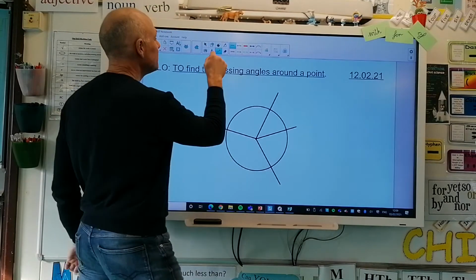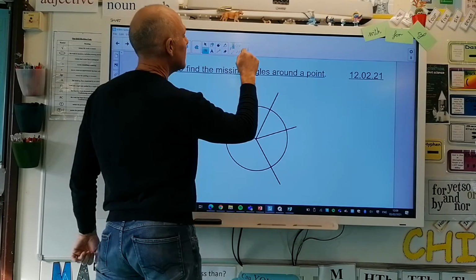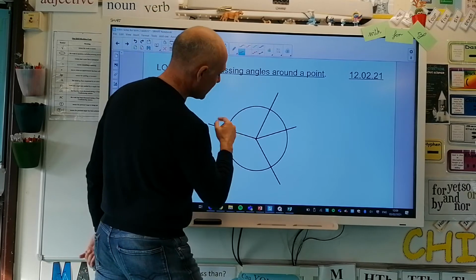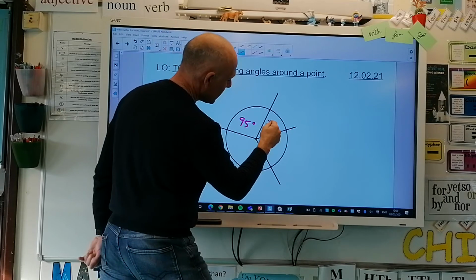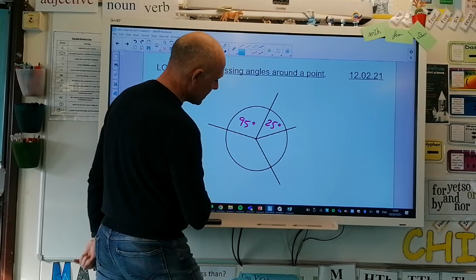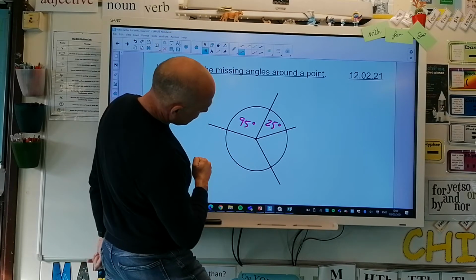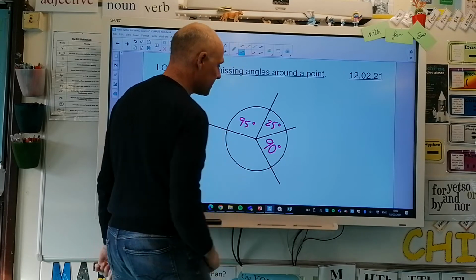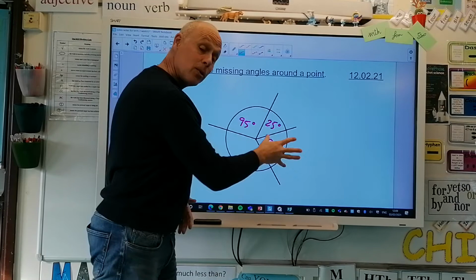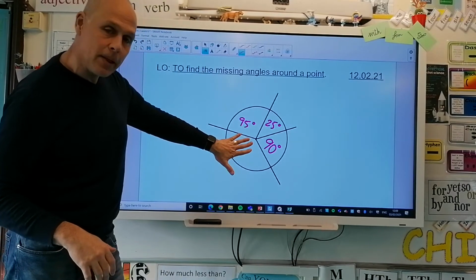So let's have a go. Right, so let's say we've got 95 degrees, we've got 25 degrees, and this might not work out, but we'll give it a whirl, 90 degrees. So we've got three angles that we do know, and we want to find the missing angle.